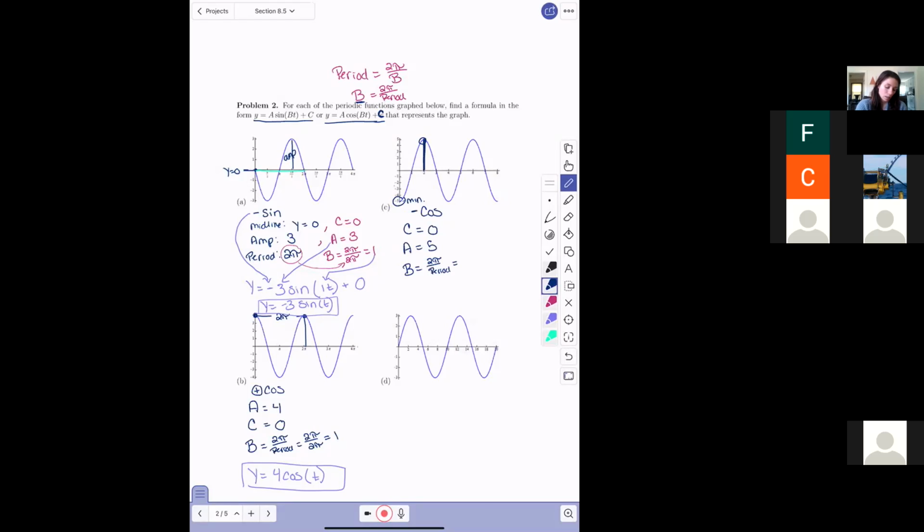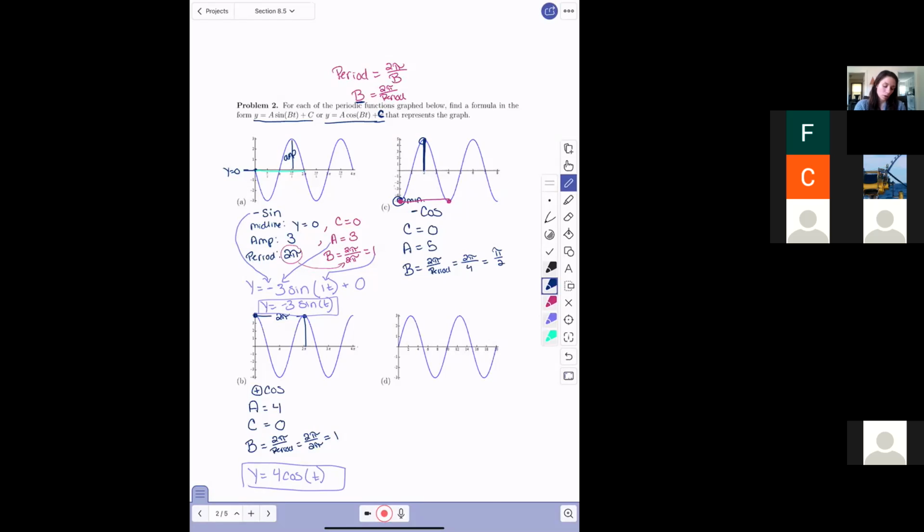And lastly, we have to determine what B is, which is 2 pi divided by the period. In this case, if we go from the minimum peak to another minimum peak, what is this distance here? 4. Good. 2 pi divided by 4 is pi over 2.